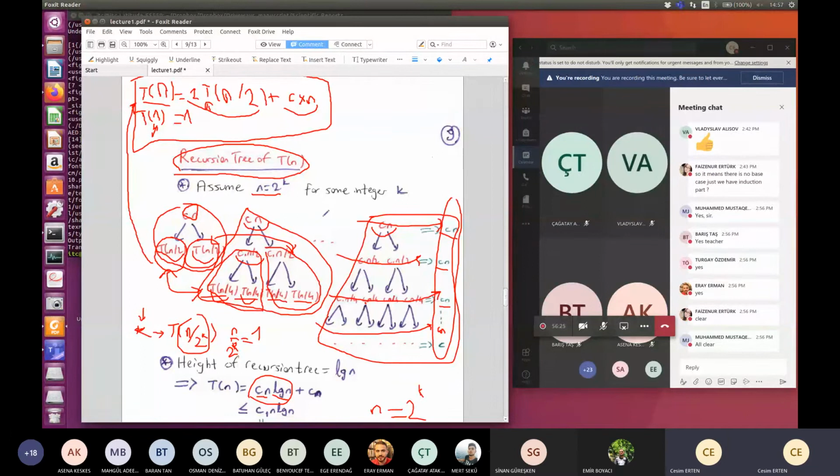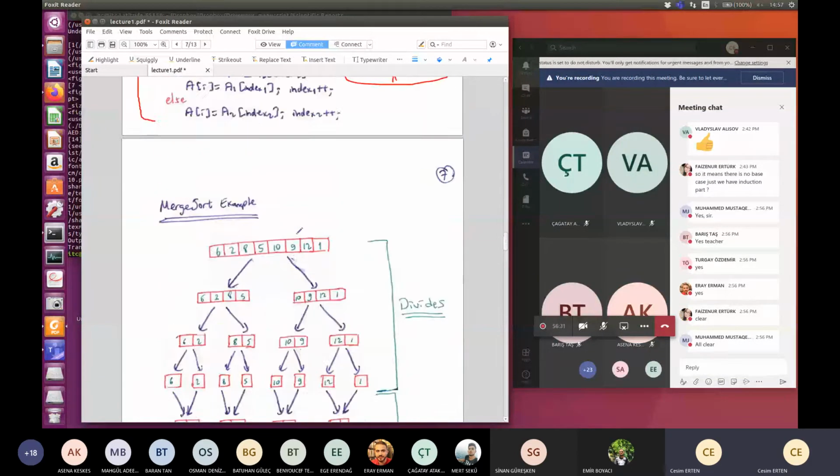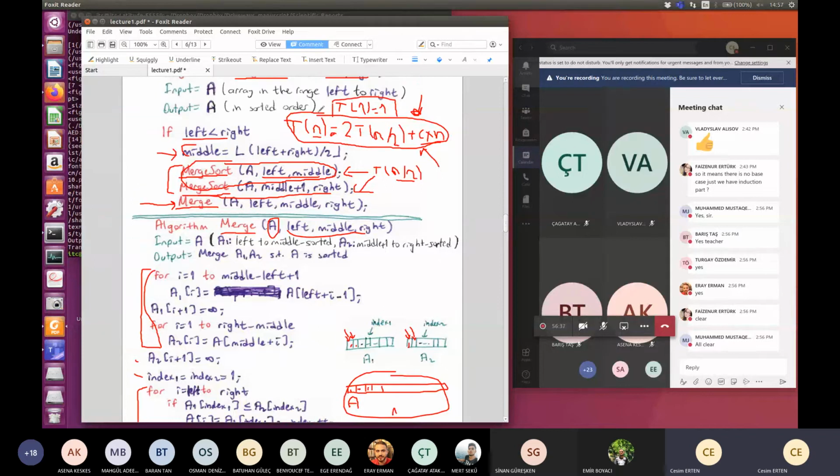So let's sum up what we do in the running time analysis of an algorithm. We go over the algorithm itself. If it's a recursive algorithm, we first try to read the pseudocode and come up with a recurrence relation describing the running time. This is the first step.